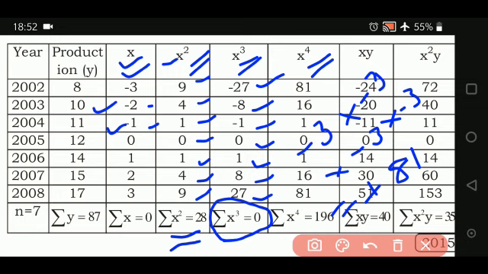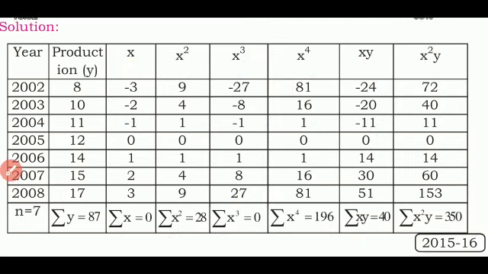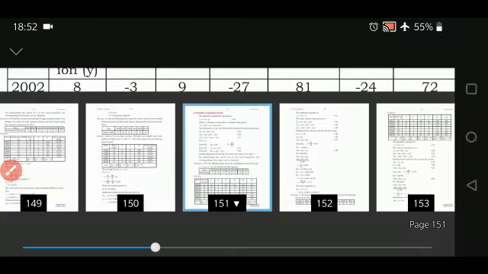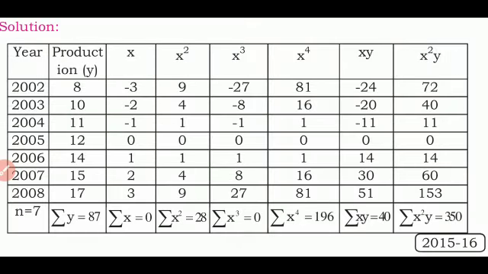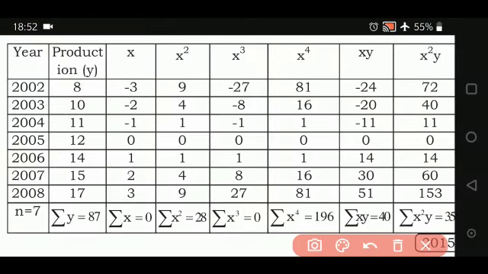So you get 81 here. You multiply -2 4 times and you get 16. -1 4 times, you get 1, then 0, 0, 1, again 1, 2 multiplied 4 times gives 16, 3 gives 81, and the total of summation x to the power 4 is 196.